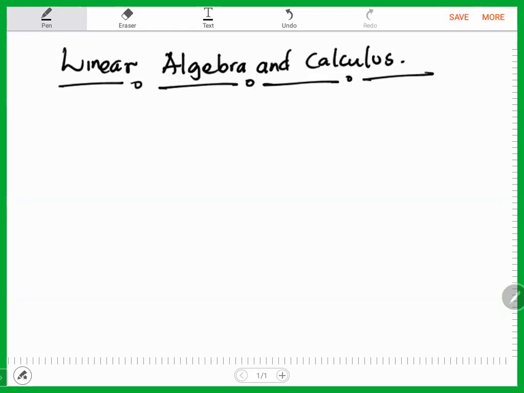Just like you see the words linear algebra and calculus, we are going to divide this into two. The part that deals with linear algebra, and under linear algebra, we shall be looking at the equation of a straight line.